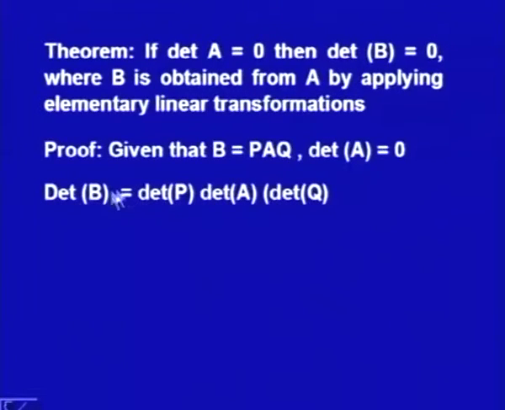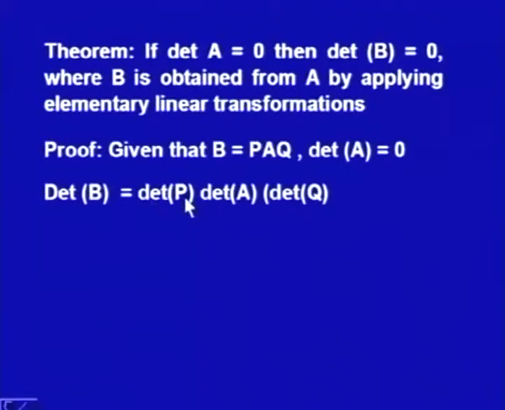To do this, we can find the determinant of B, which is equal to determinant of PAQ, which can be written as determinant of P into determinant of A into determinant of Q. Because P and Q are elementary linear transformation matrices, their determinants cannot be 0; they have to be non-singular.